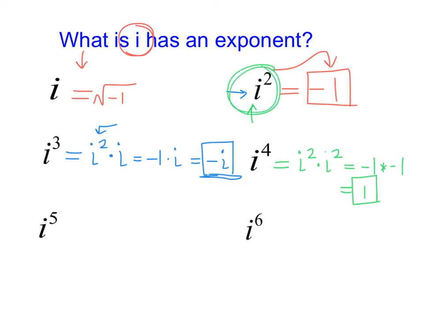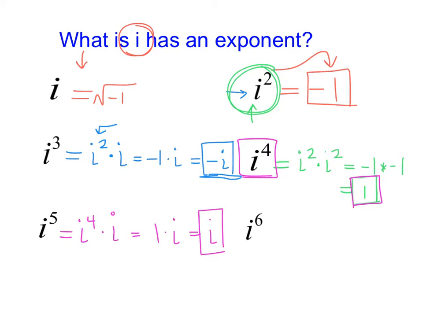So notice that all of these get a lot simpler if we just apply what we know about this i squared value. So now if we continue, let's take a look at i to the power of 5. While I can rewrite i to the power of 5 using i squared, I now have an i to the fourth I can deal with here. So let's break this up into i to the power of 4 times i. Well, I know i to the power of 4 is 1, so this is really 1 times i, which is just i.